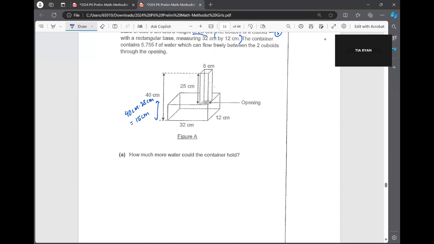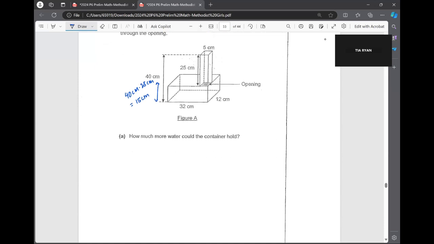I'll find the bottom cuboid first. Volume of bottom cuboid will technically just be length times base times height, which equals 5,760 cm cubed.